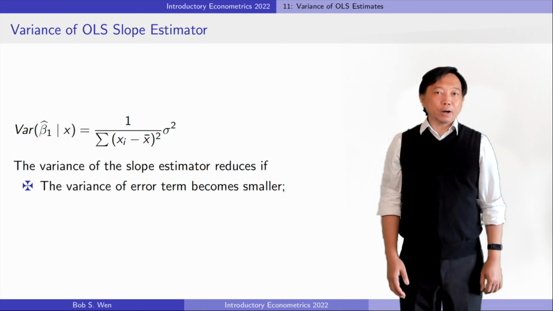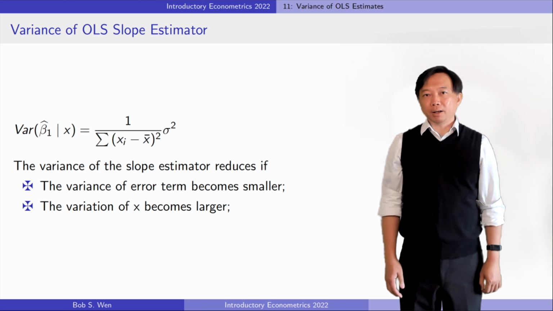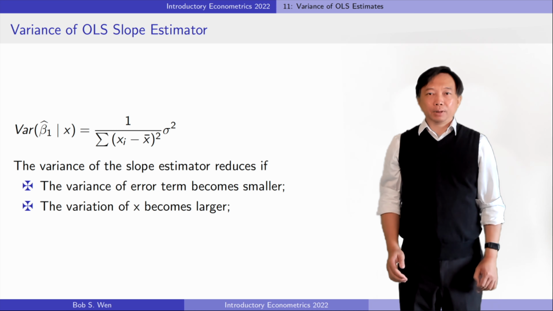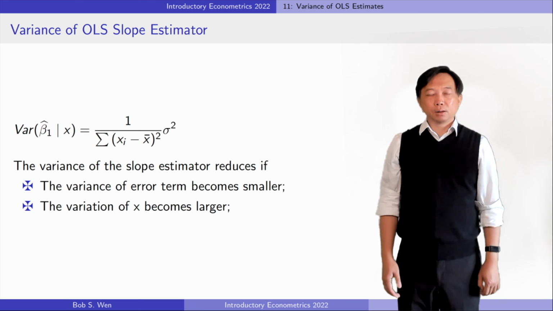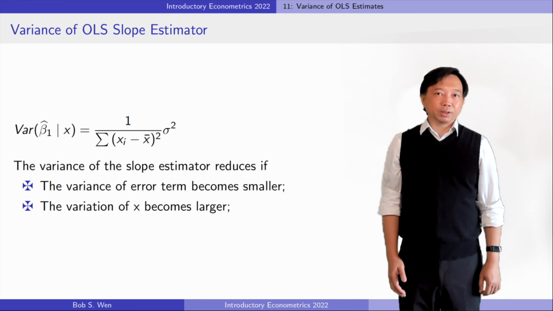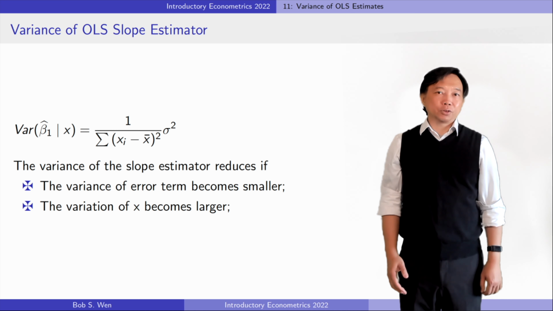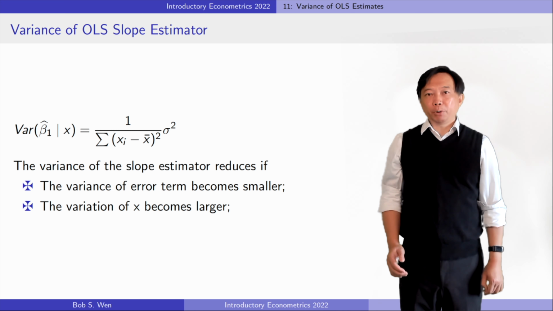Second, the variance of the slope estimator beta 1 hat is smaller if our explanatory variable x has larger variation. The more spread out the explanatory variable x, the easier it is to trace the population relationship between y and x.